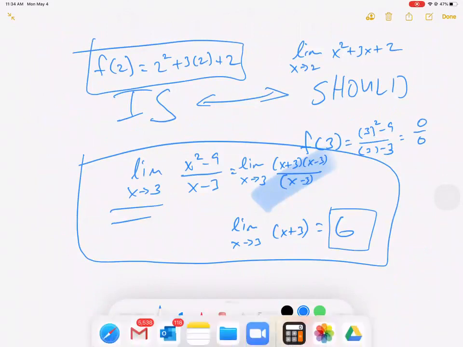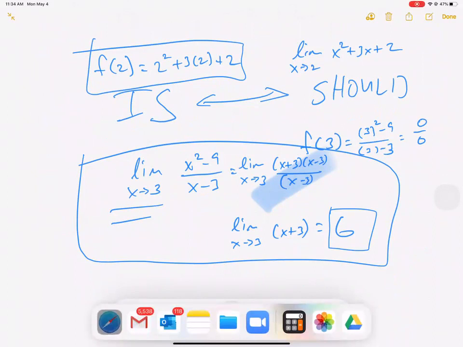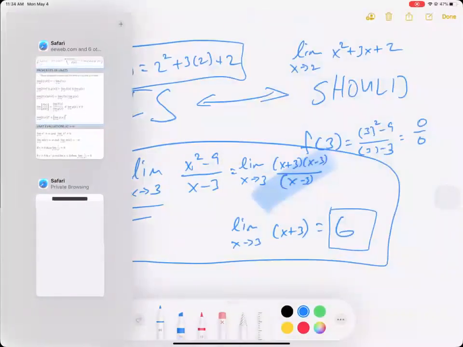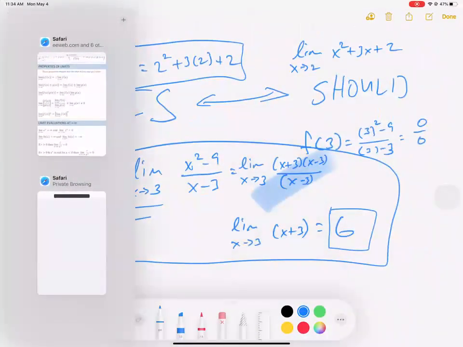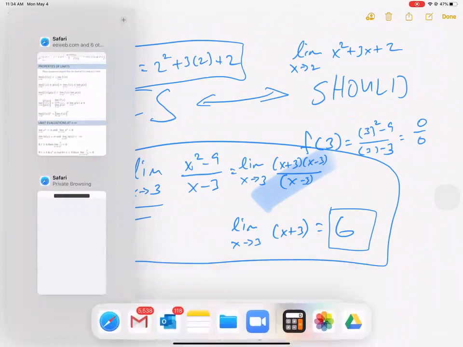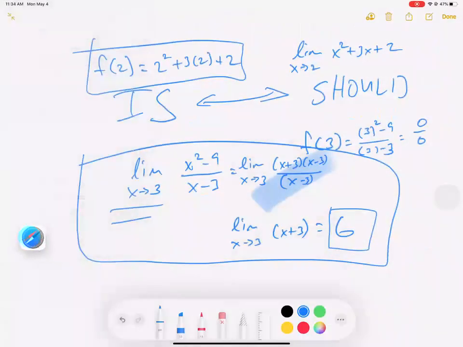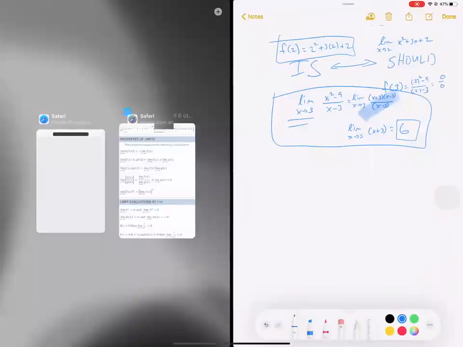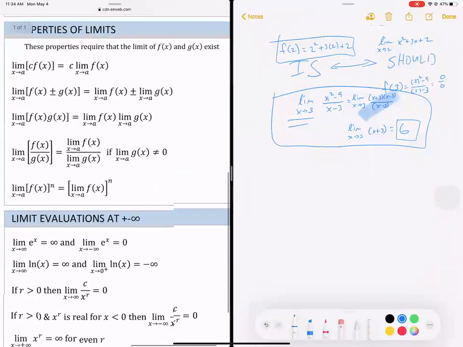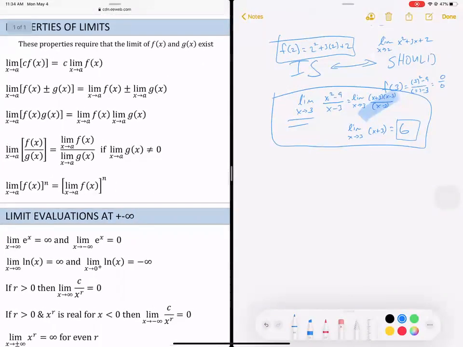And actually, that's why we have all these rules here, not to deal with what it is, but what it should have been.